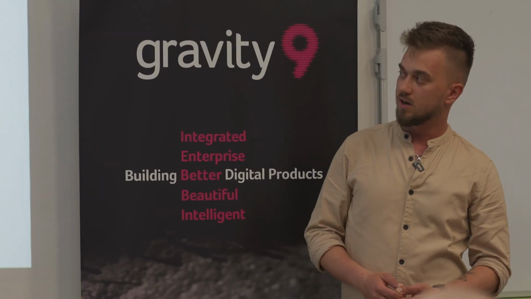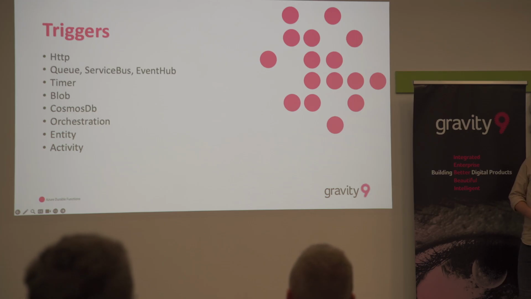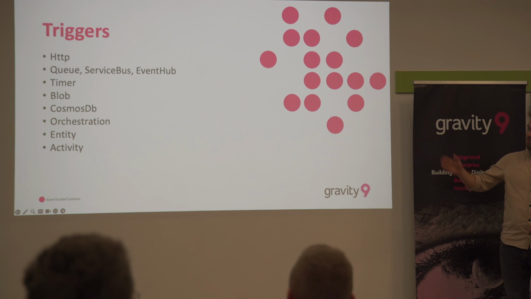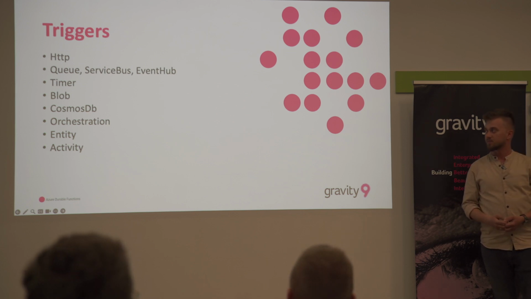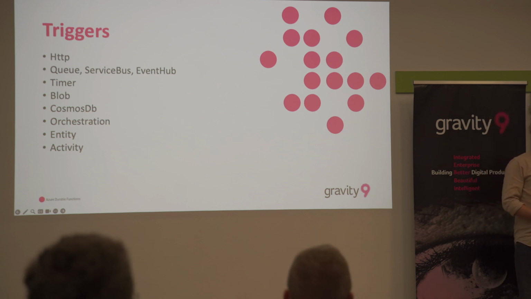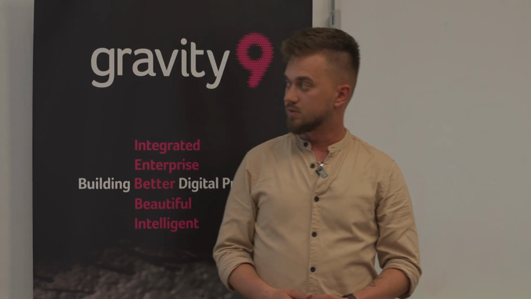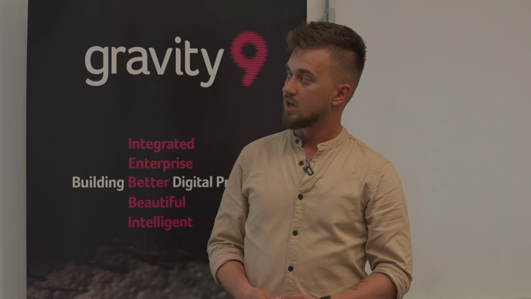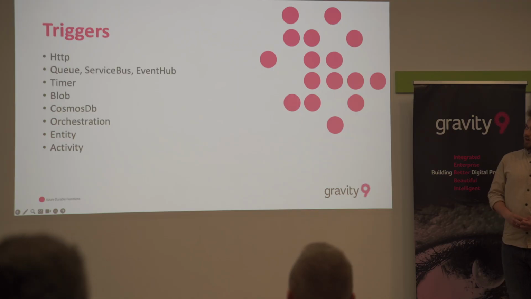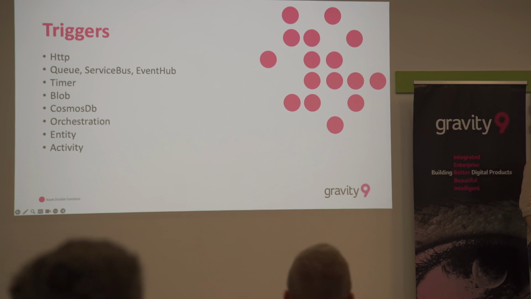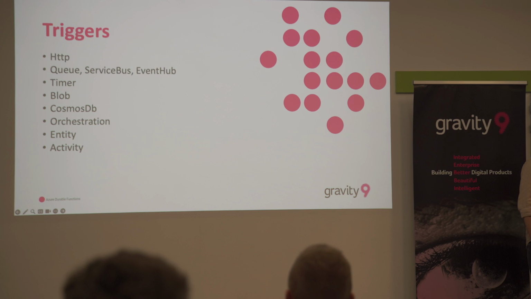The last three are strictly connected with Durable Functions, which are orchestration, entity, and activity. I will get to those soon when we talk about application patterns. But basically, these are the most common, but not the only ones, and probably they will be extended with more resources.